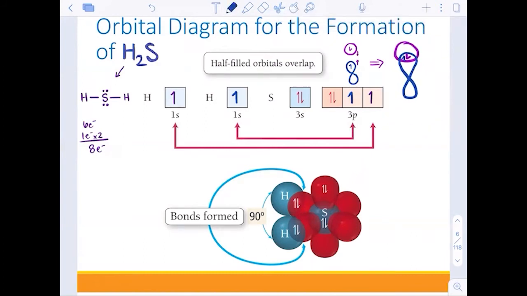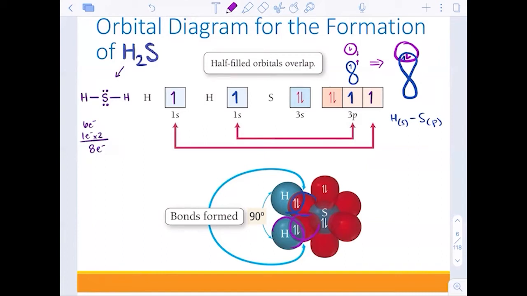What we see there is the overlap between a hydrogen s orbital and a sulfur p orbital. Same thing happens in this type of diagram. We see that nice Venn diagram idea where each of the half-filled p orbitals starts to overlap with the half-filled s orbital.